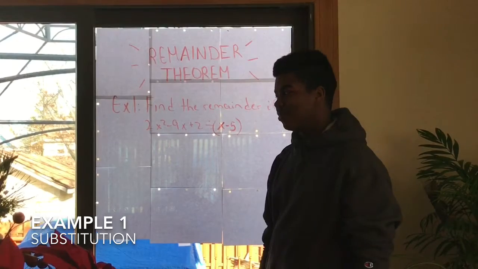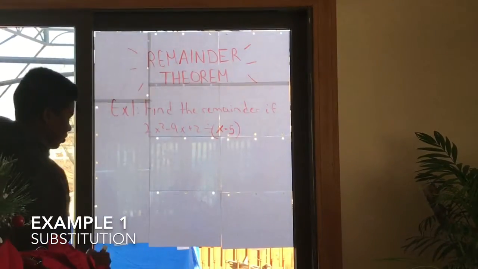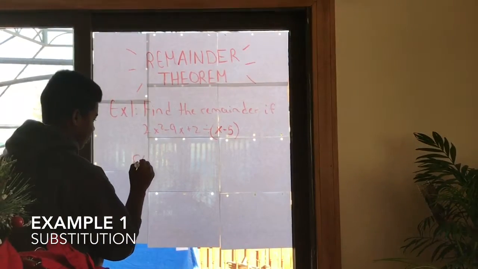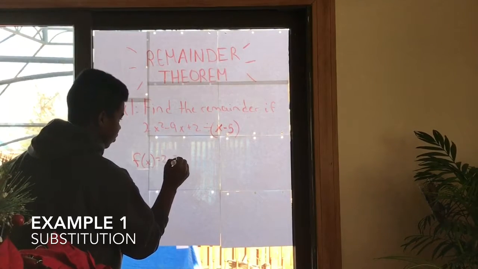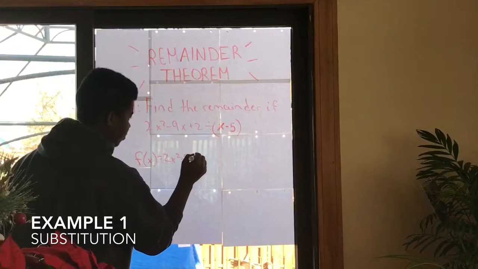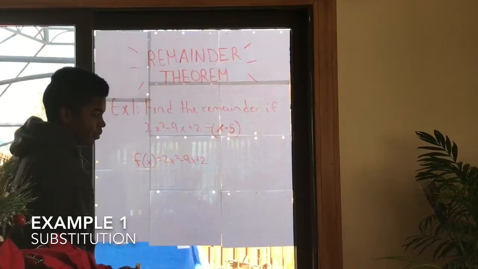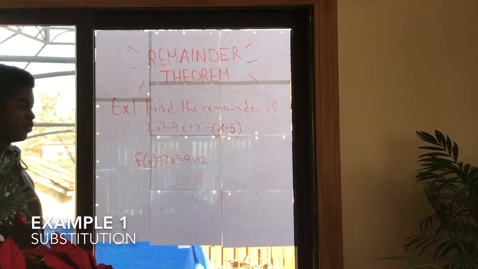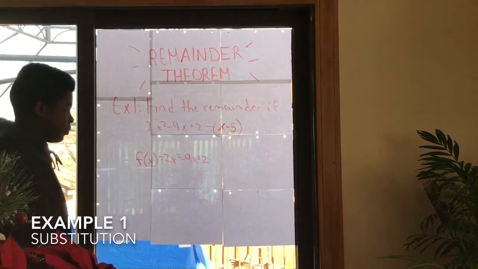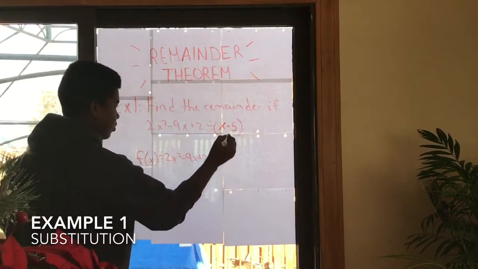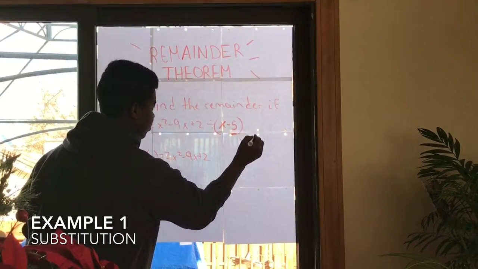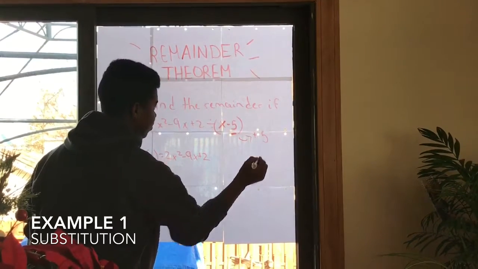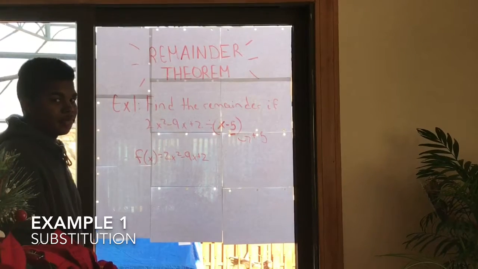So the first thing we're going to do is set f of x equal to the polynomial 2x squared minus 9x plus 2. Then we're going to substitute a for x, which in this case would be positive 5, because if we take x minus 5, set it equal to 0, and solve the equation, it'll give us a positive 5.